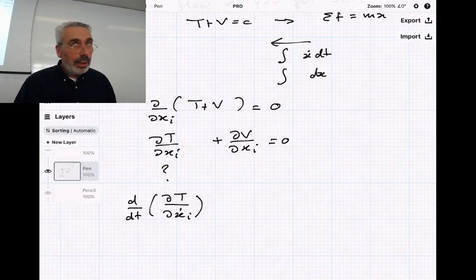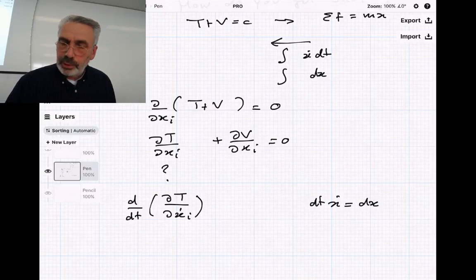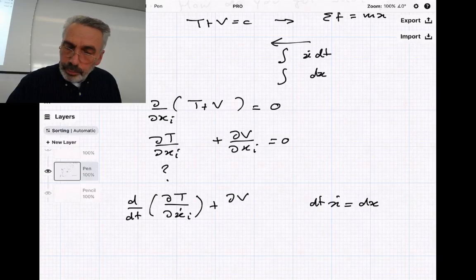Because if you look at this x dot times dt, that's of course our dx. So then we're again back in business. This is finally our way to get back to our equation of motion.